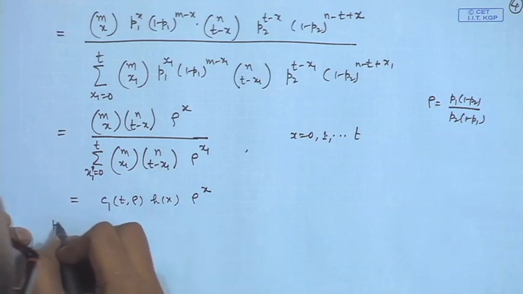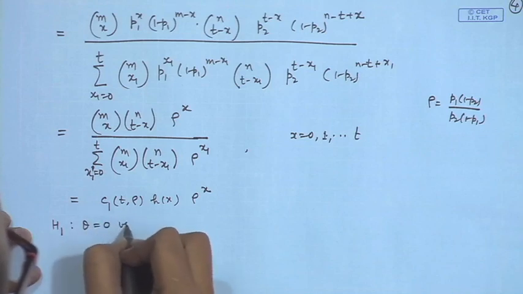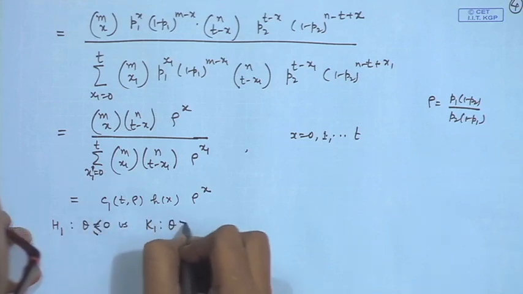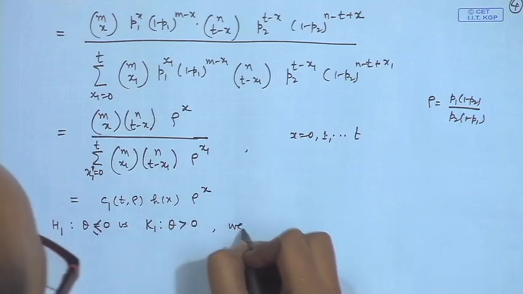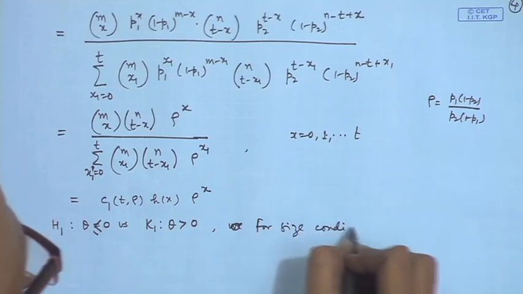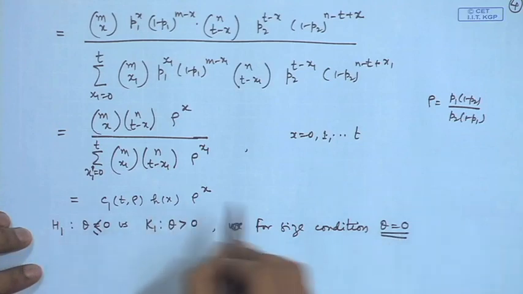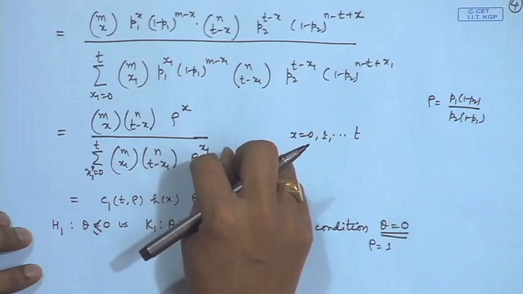Suppose we consider, say, H1, that is theta is equal to 0 versus theta less than or equal to 0 versus K1, theta is greater than 0. So, for the size condition, theta will be equal to 0. If I take theta equal to 0, that is rho equal to 1, then this term will go away.